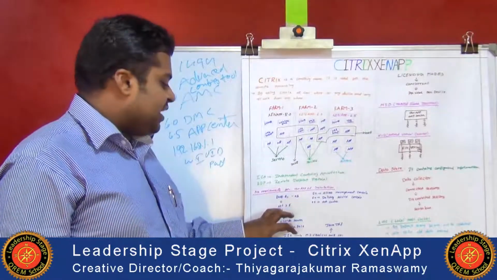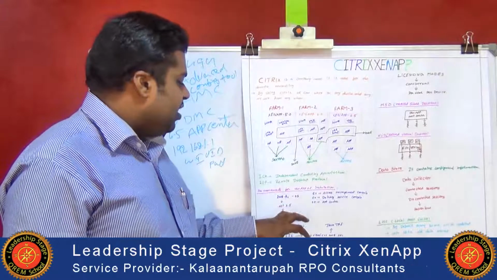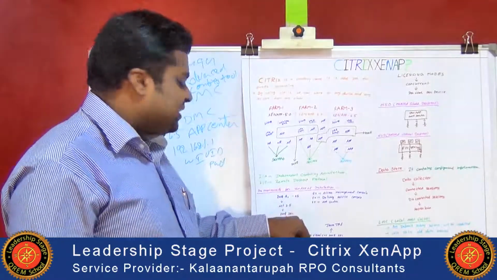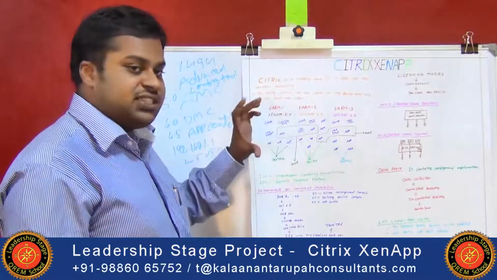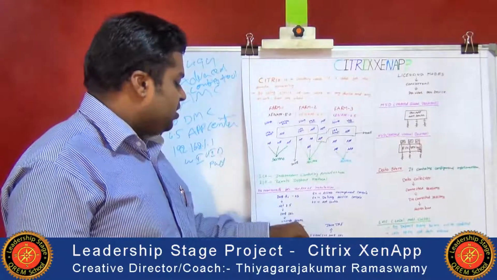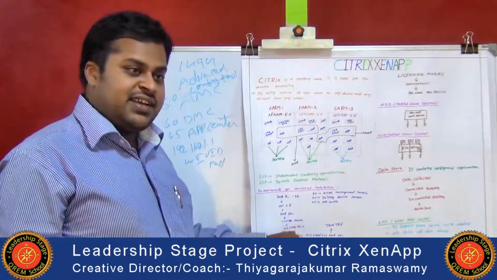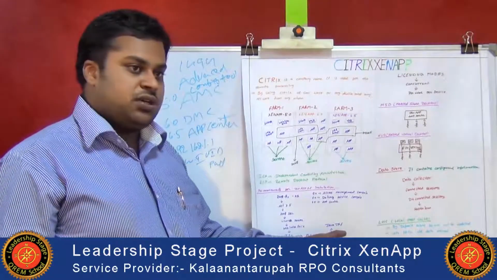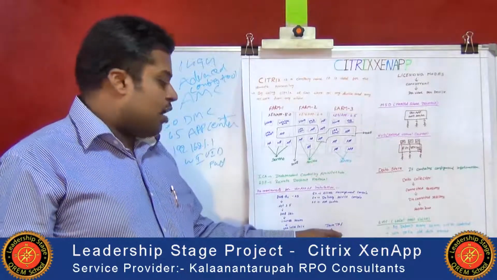Next we have to take .NET 3.5, and we have to install the 2008 SQL Server and the license server. We must purchase the company's license server, and Web Interface is also a must. The Internet Information Services, IIS, we also have to install, and Microsoft Visual C++ 2005 Service Pack 1 we have to install.